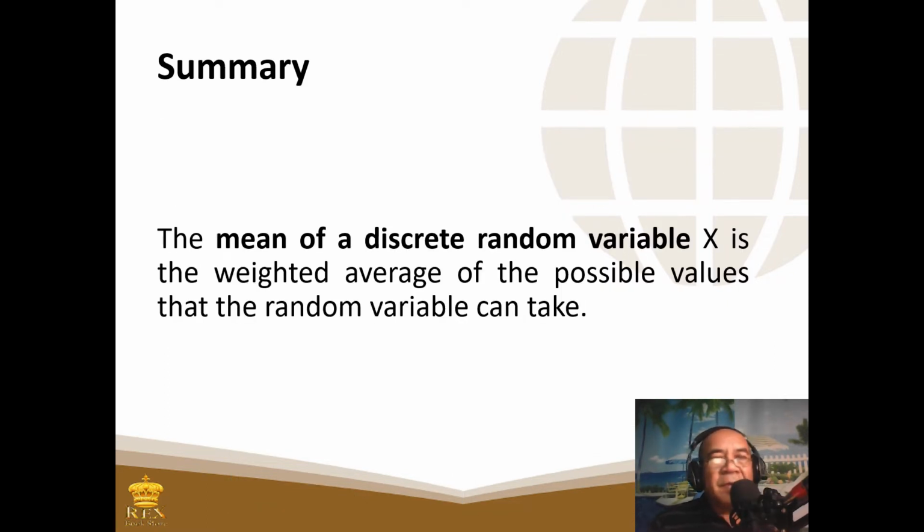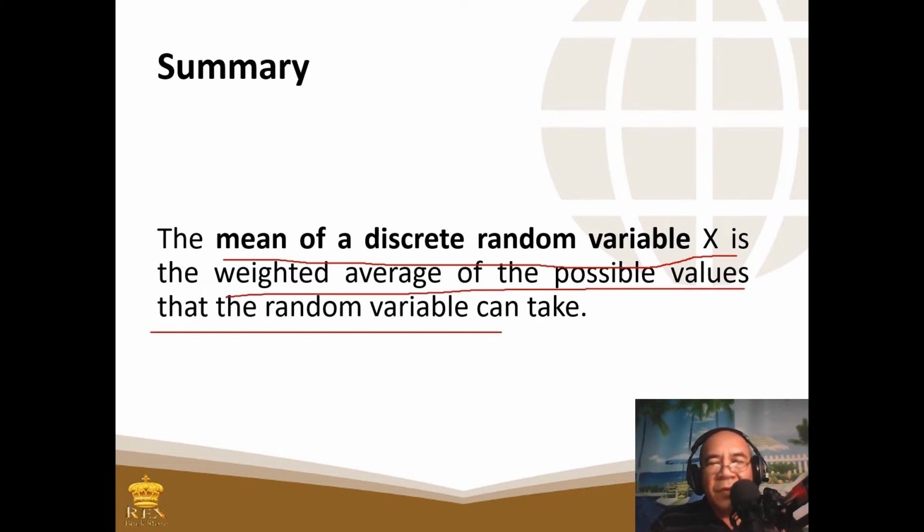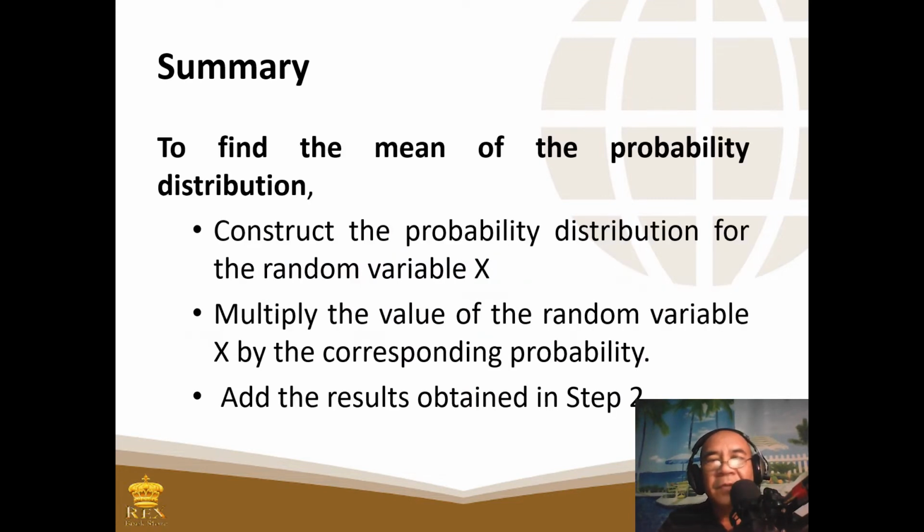And the summary of our lesson: the mean of the discrete random variable x is the weighted average of the possible values that a random variable can take. That's all for today, and I hope you learned something.